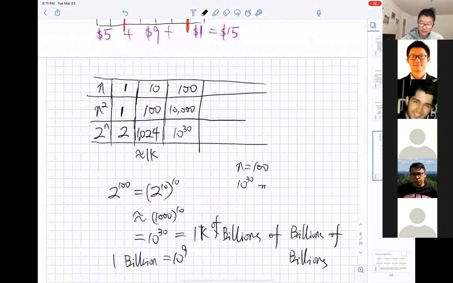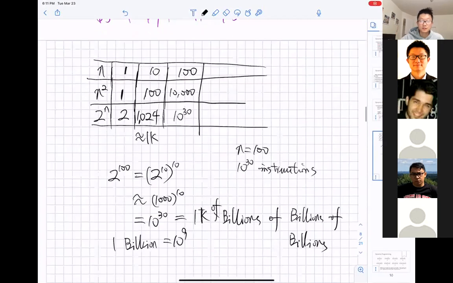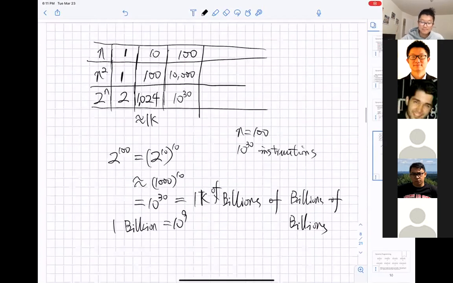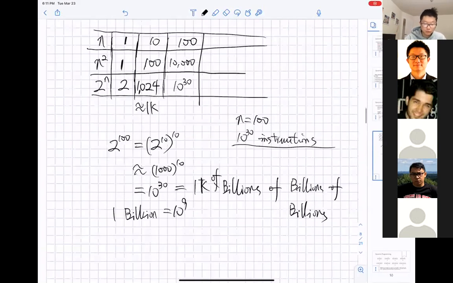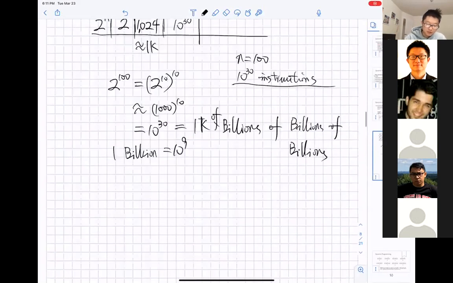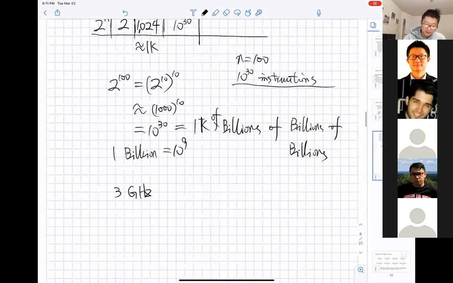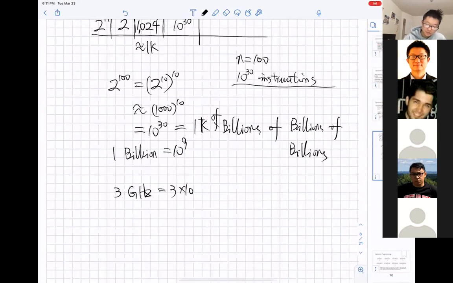And how fast is your computer? Normal computers are around 3 gigahertz, which means your computer is able to do 3 billion binary instructions per second.